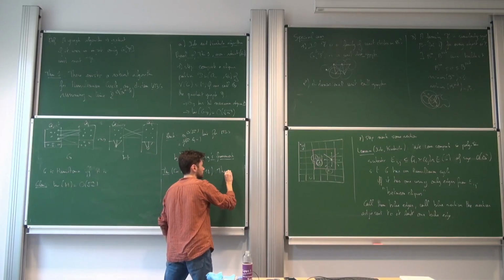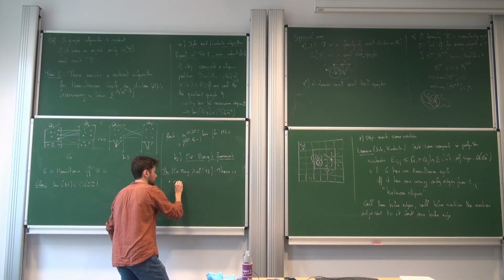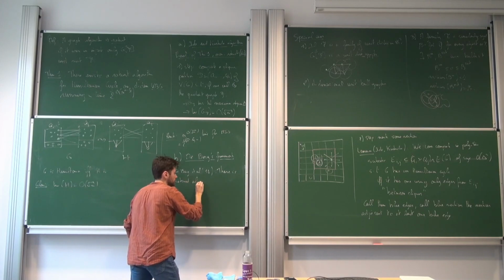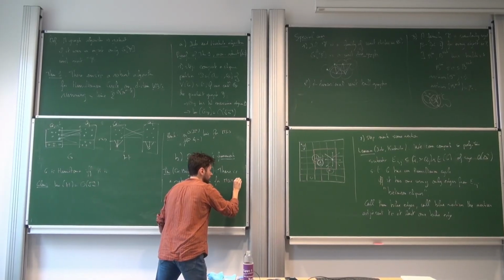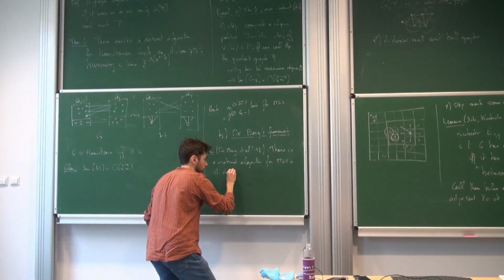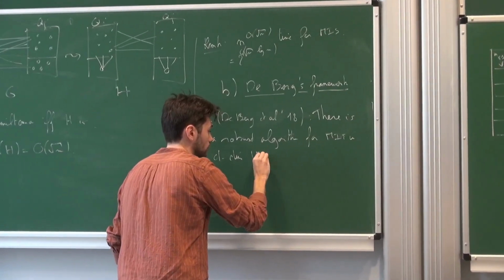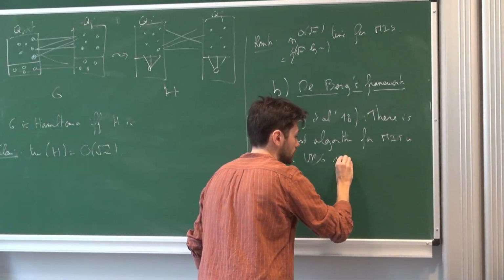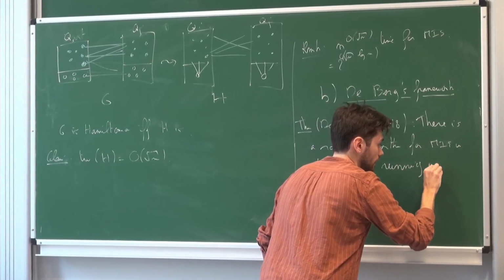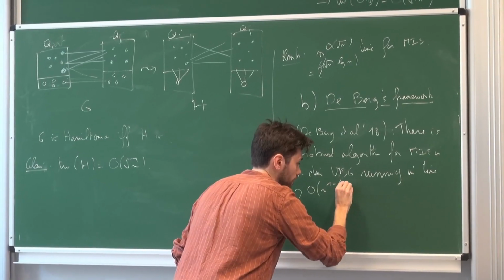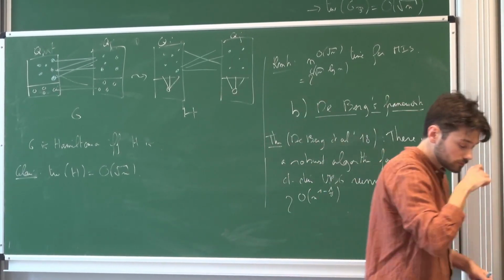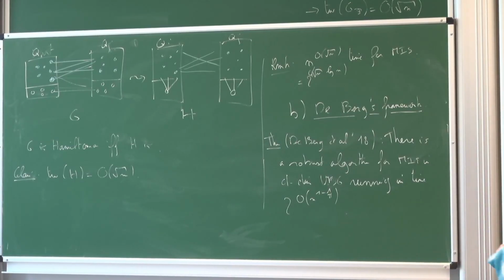There is a robust algorithm for MIS in the Berg graph running in time 2^O(√n). So I will just use the first step for my own proof, but I think it's super interesting, so I will go a little bit into more details.